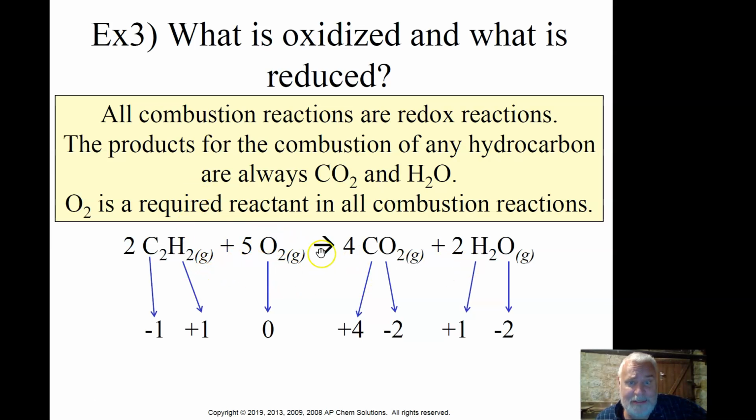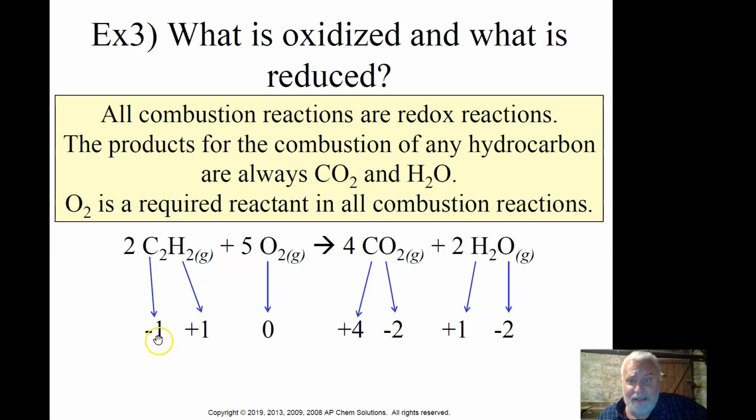Now, these oxidation reactions are always going to have oxygen there, and it's always going to be turning into water. That's just the definition of a combustion reaction or burning. Notice that the oxygen is always going to be reduced, and whatever is burning is always going to be oxidized by oxygen.